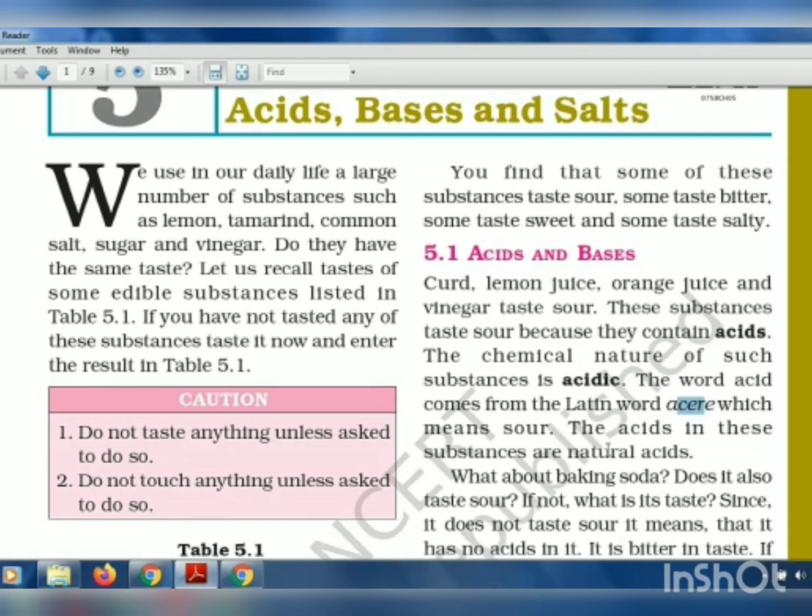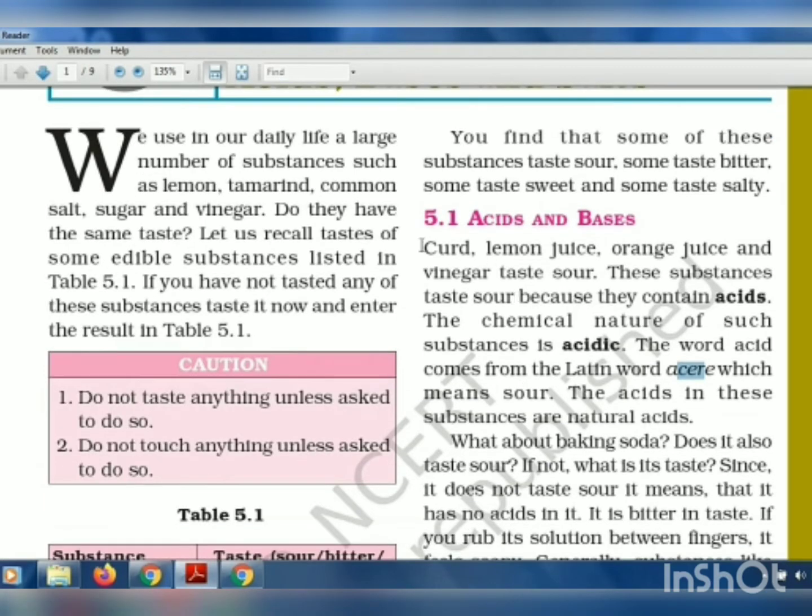Yes, they are not man-made or artificial acids. They all are natural acids because these are all natural fruits. Lemon is one type of fruit. Orange is one type of fruit. Curd is obtained from milk, which is a natural thing, obtained from an animal.